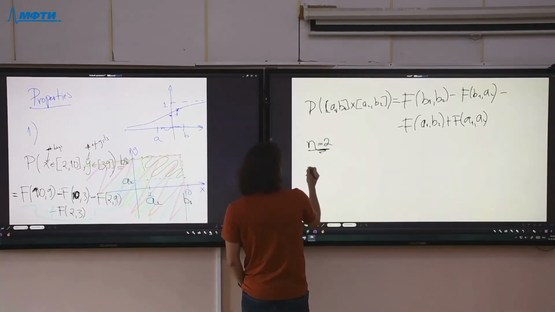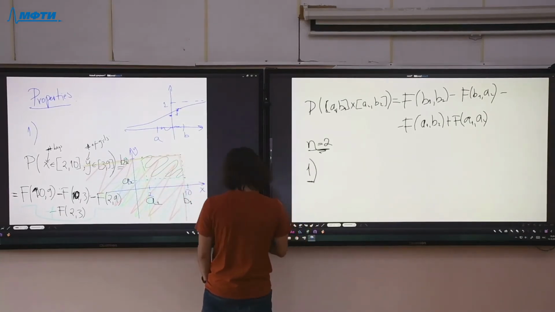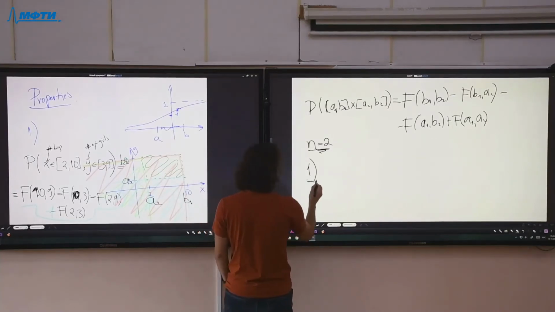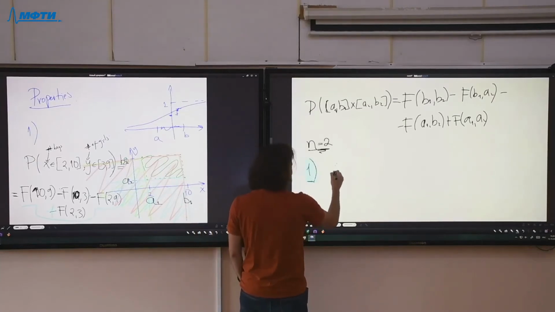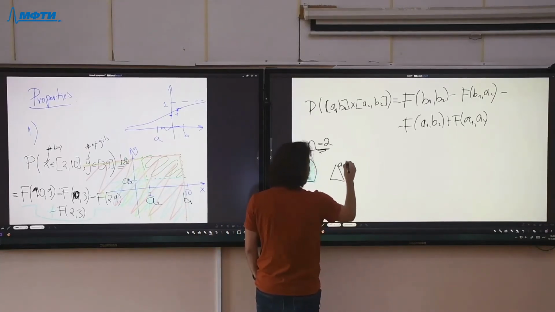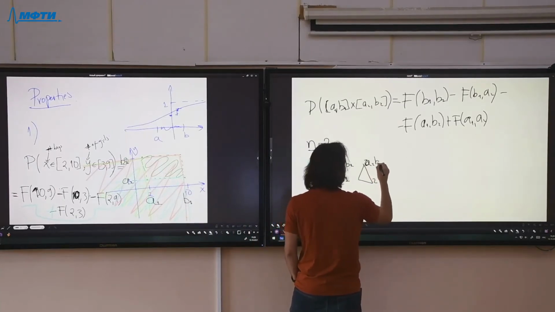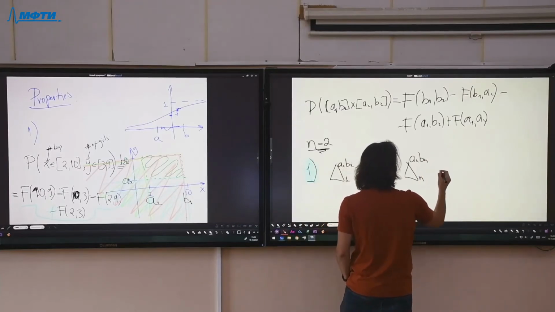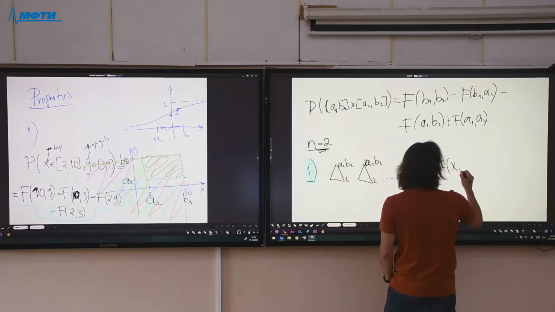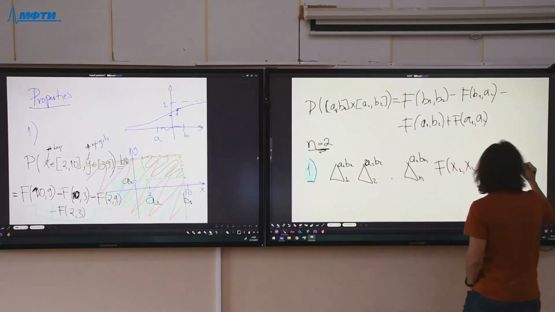The first property of this CDF is the following: delta 1 A1 B1, delta 2 A2 B2, delta n An Bn of f of x1, x2, xn should always be greater or equal than 0.